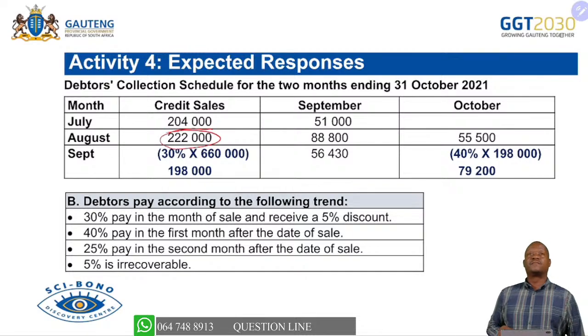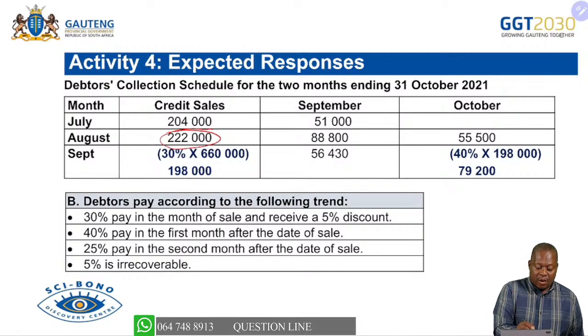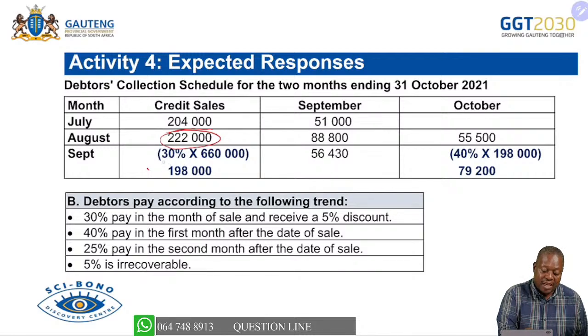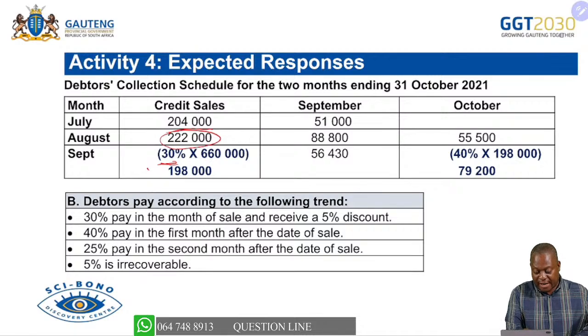You know what we are using, right? And then we need to find the sales for September. Remember, the credit sales for September is 30% of 660,000, because this is already given. And then we find our credit.